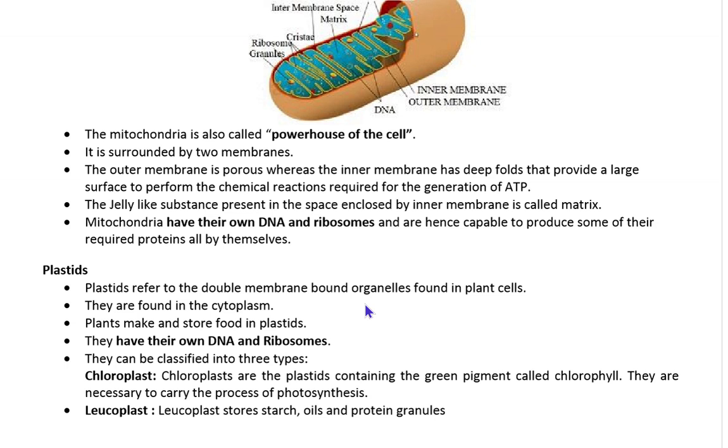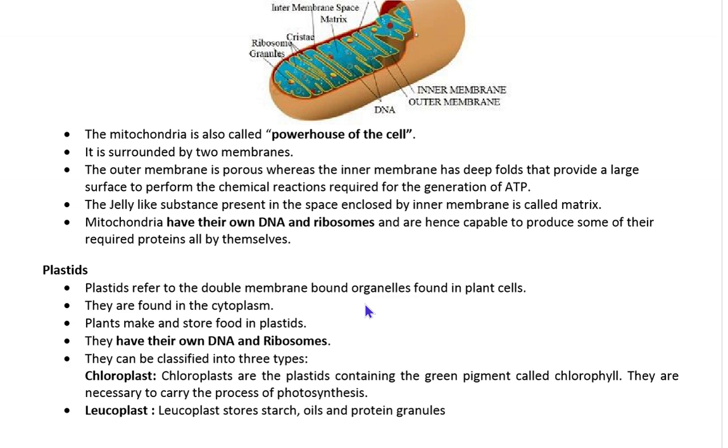The plastids are classified into two categories, the chromoplast and the leucoplast. Chromoplasts are colored plastids, leucoplasts are white or colorless plastids. The plastid which contains green colored photosynthetic pigment is called a chloroplast. They contain green pigment called chlorophyll, and this pigment is necessary for the process of photosynthesis.